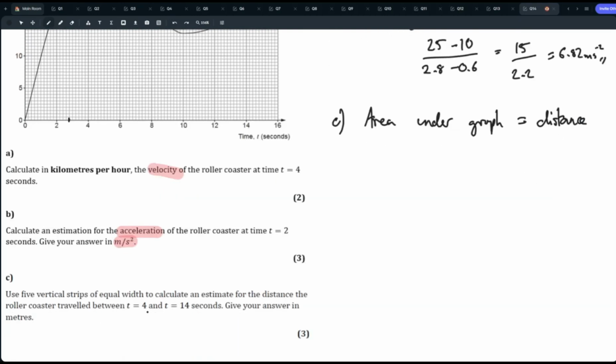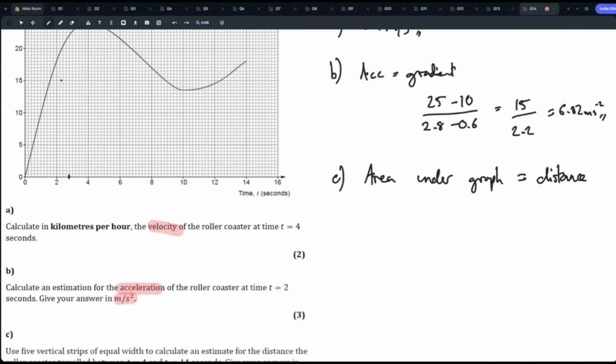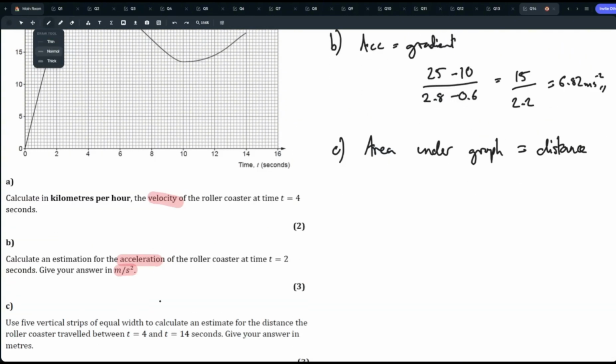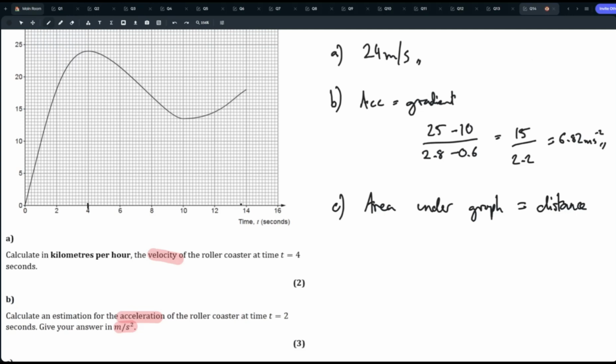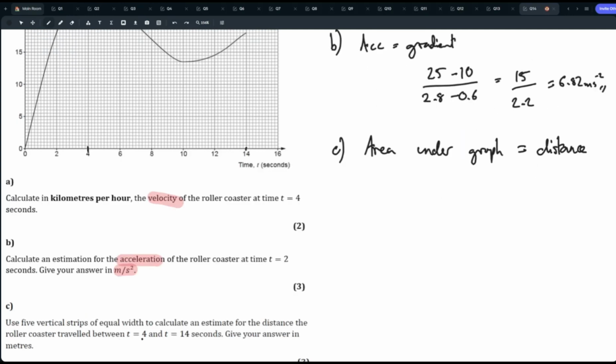Okay, so we want equal widths between 4 and where do we want to go up to? 14. So 4 to 14. How many does it want? 5 equal strips. Well, our length in total is 14 take away 4, which is 10, and we want to divide by 5 equal strips. So this would be 2.